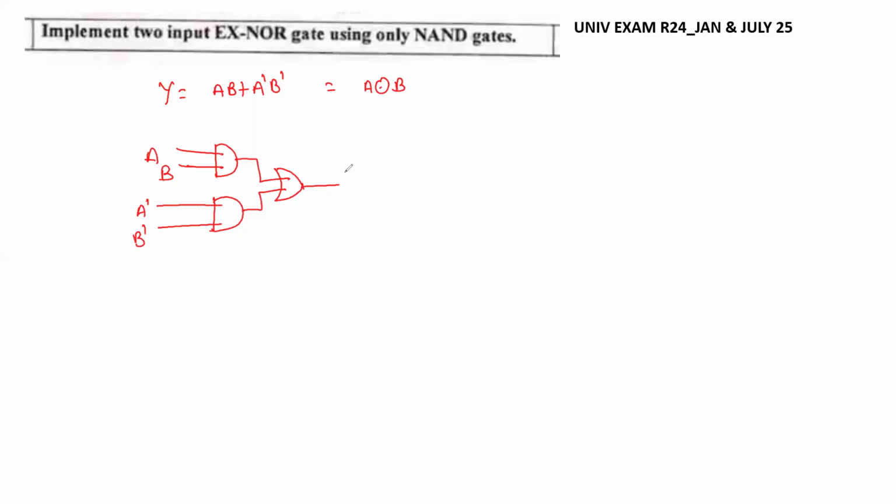Now it says to implement using NAND gates. For that, what is the logic? The AND gate will be changed into NAND gates, so here we apply the bubbles. Again this AND gate will change into a NAND gate. And here we apply the bubbles before the OR gate.